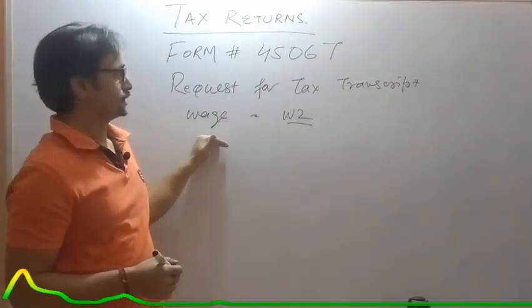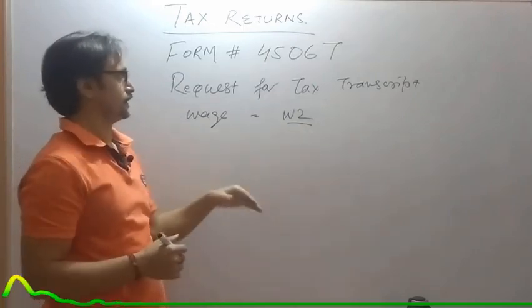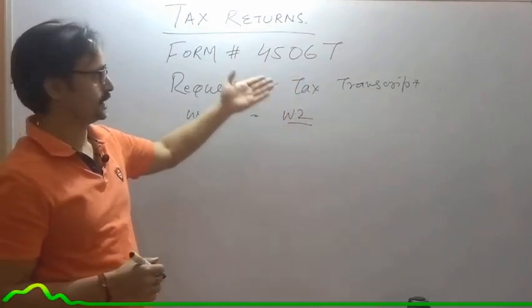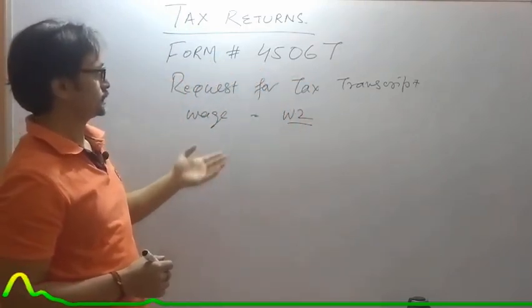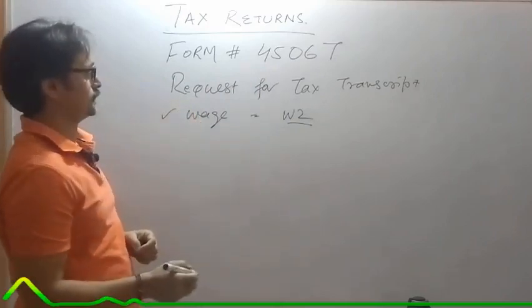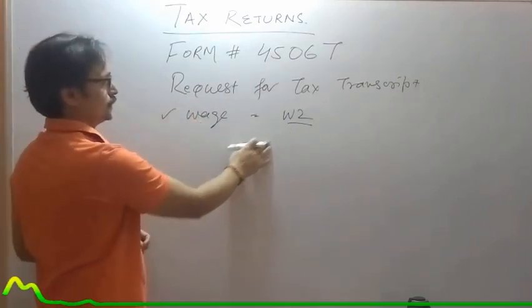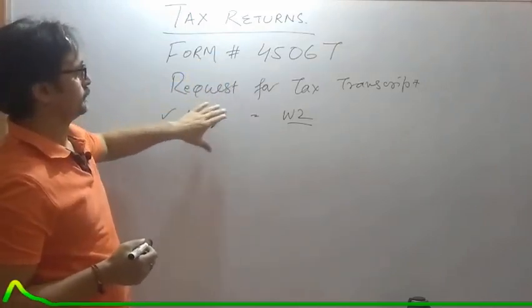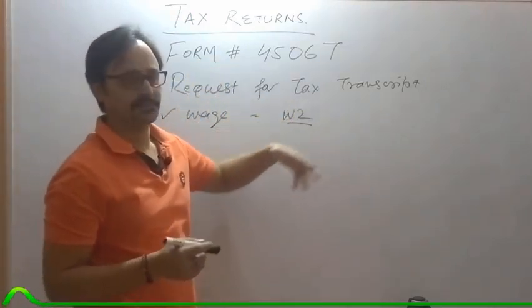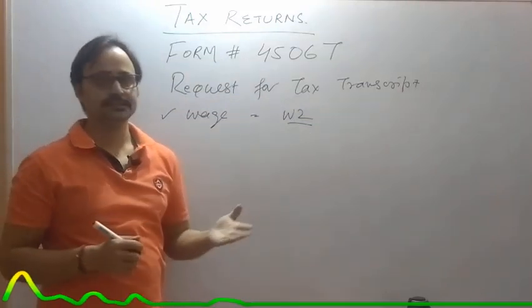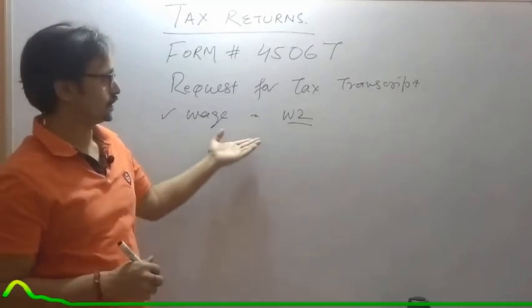On that basis, we can send a 4506-C request to the IRS, and we just need to check mark or write that the W2 transcript is required. That transcript will give us only W2 information, because when we know the borrower is only a wage earner and there is nothing else, that is all we need.